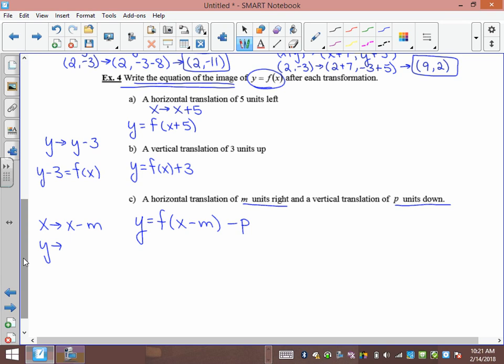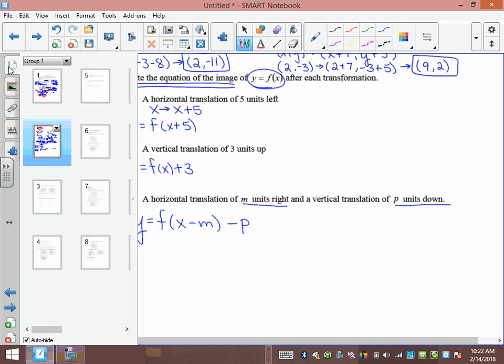This would move over. Y would become what? Right? Because we don't have any stretches right now, you could just put the y over here and you'll be safe. Once you have a stretch, it changes the ballgame, and I'll show you how when we get there.